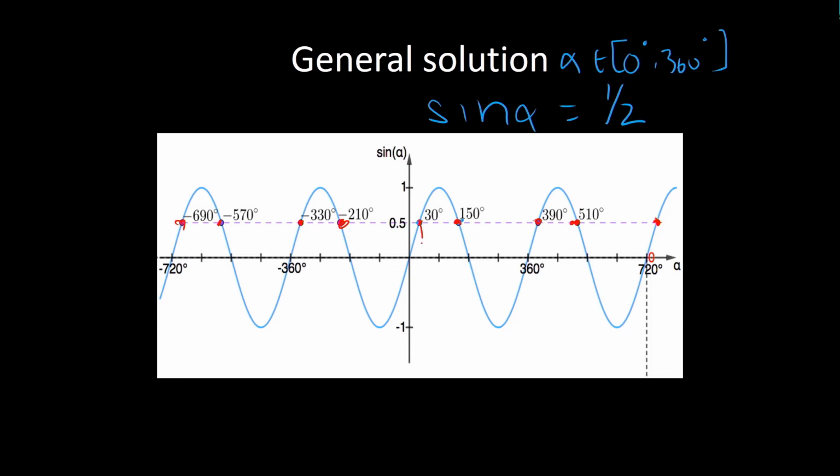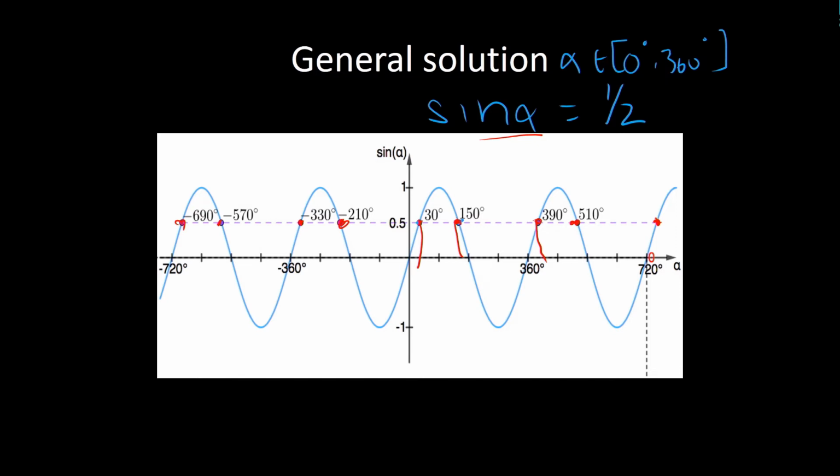So here, 30 degrees, sine of 30 is a half, sine of 150 is a half, sine of 390, and so on and so on. And you can keep checking these for yourself. You will see that any 30-degree interval here will give me an answer, either 180 minus 30, or 180 plus 30, or 360 minus 30. Any of those kinds of intervals are going to give me a value of a half on the sine graph.